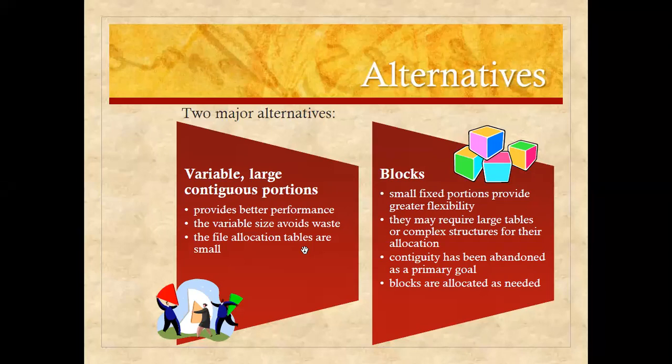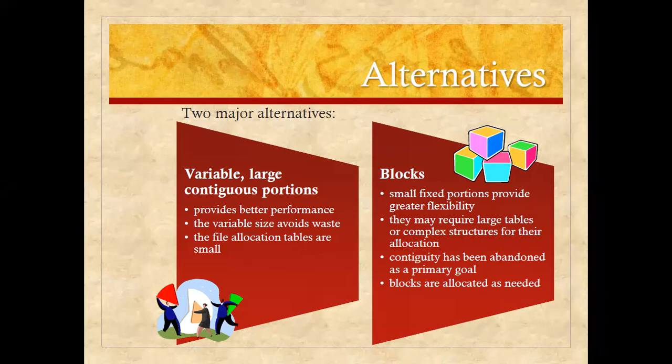If we are talking about blocks and variable size contiguous portions, those are both different types of schemes. Variable large contiguous means you are having different sizes in your secondary storage. Blocks means you are having multiple blocks of the same size in your memory. Like paging, you are dividing your memory in frames or pages, and every page size will be the same.